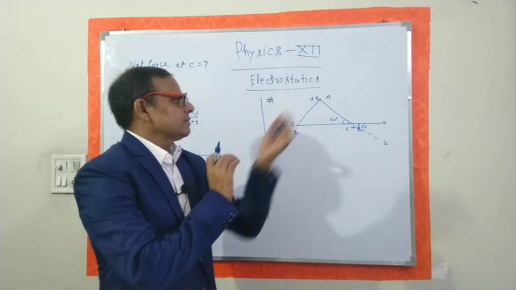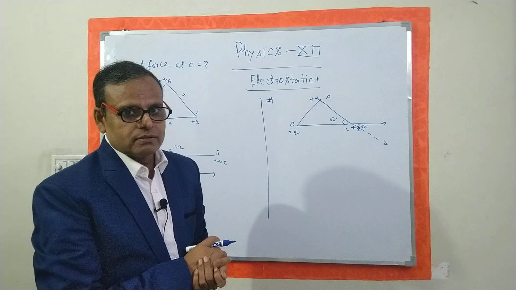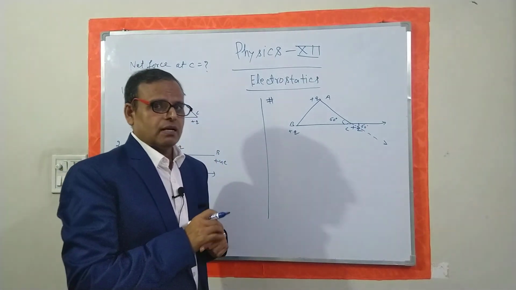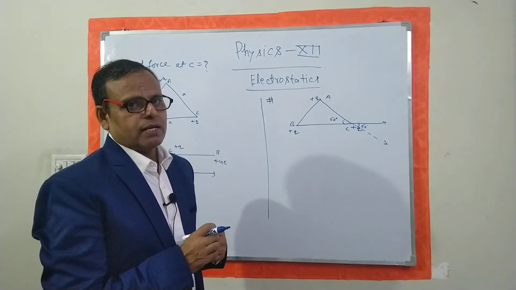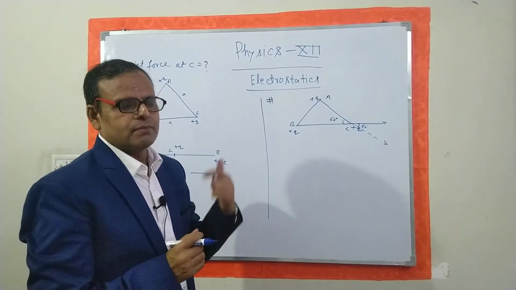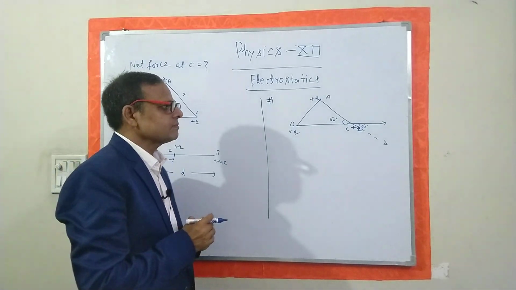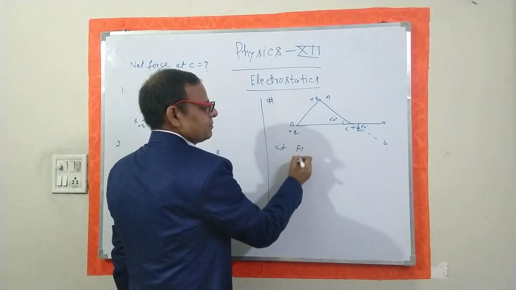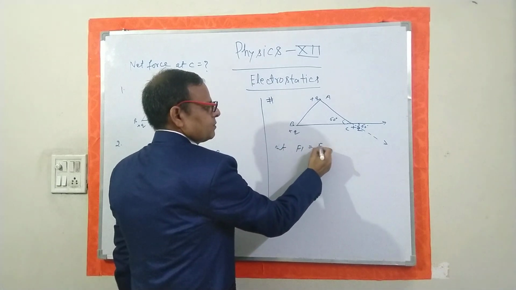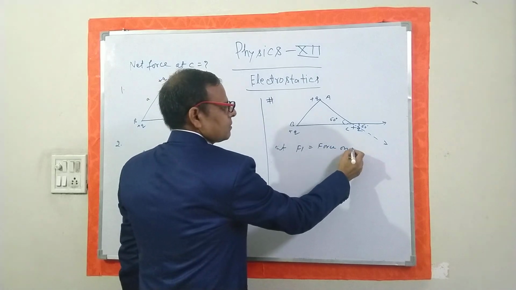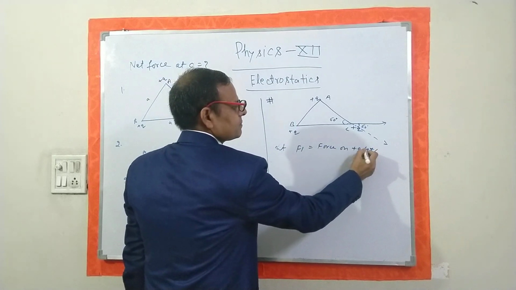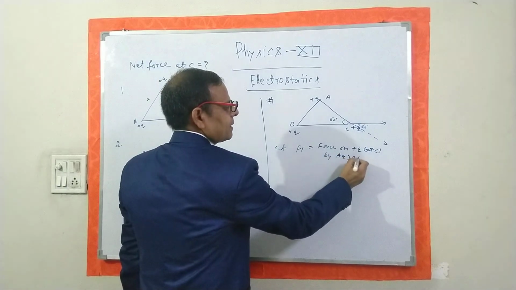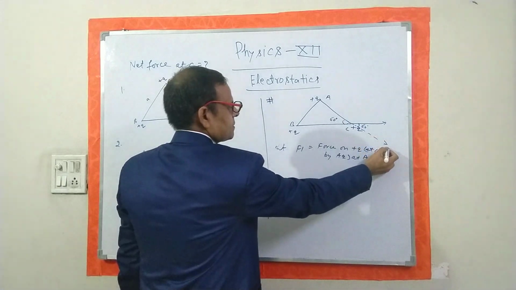A very important formula from the superposition principle of electrostatic forces, I explained it in my earlier class. Let F1 be the force on plus Q at C by plus Q at A. This one is F1.